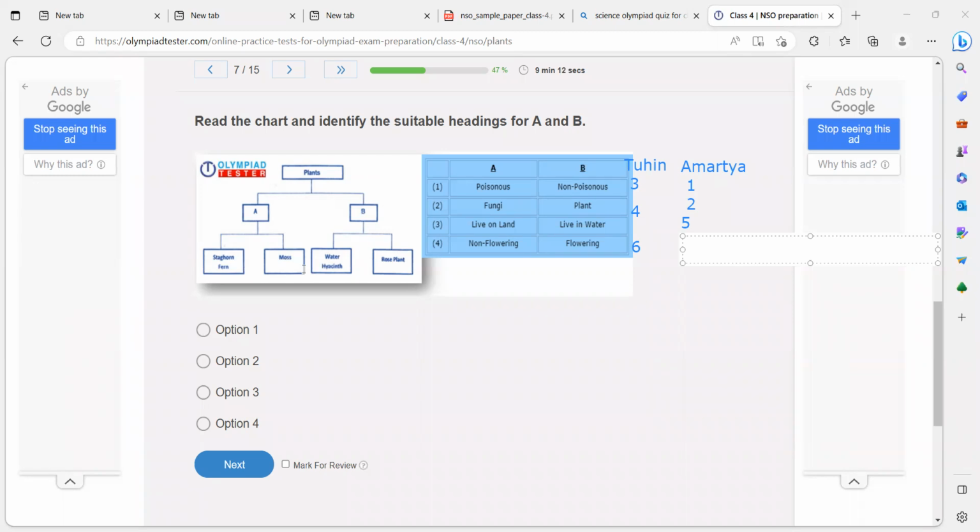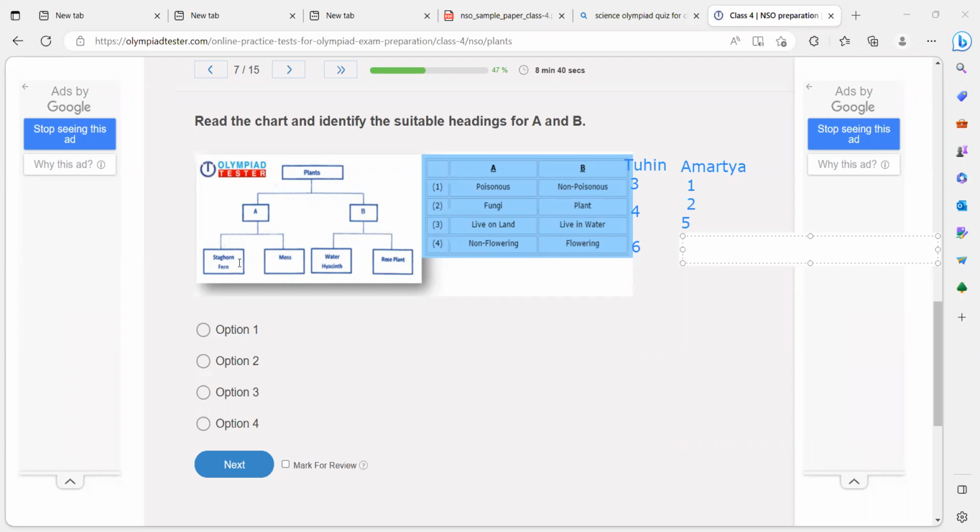Yes, ma'am. Now, you have to decide whether staghorn fern and moss are poisonous or non-poisonous. Are these fungi or a plant? Do staghorn fern and moss live on land or in water? Ma'am, staghorn fern and moss live on land, and rose plant also lives on land. Rose plant is non-poisonous.